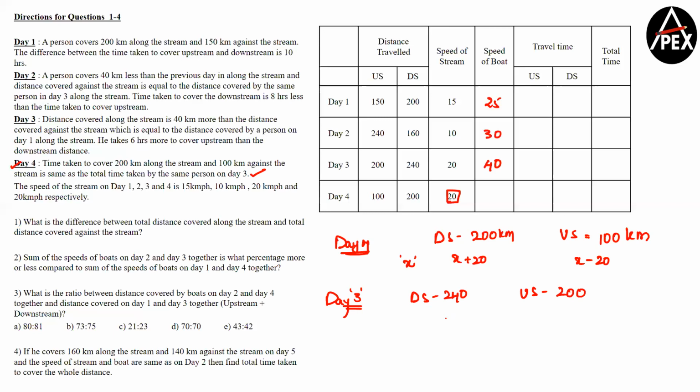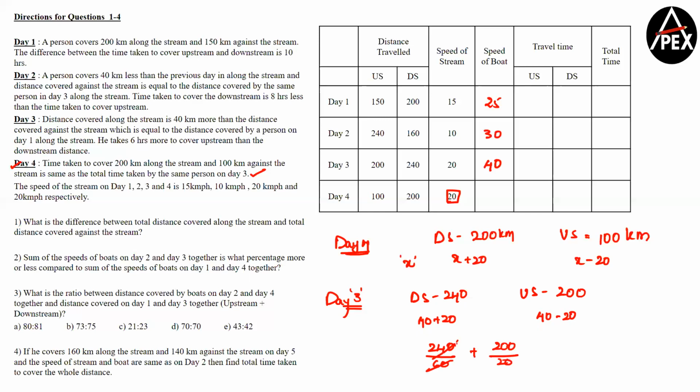Then the total time taken by the boat on day 3: the speed of boat is 40 and speed of stream is 20. So in downstream the velocity will be 40 plus 20, while in upstream it will be 40 minus 20. So the total time taken on day 3 will be 240 by 60 plus 200 by 20.